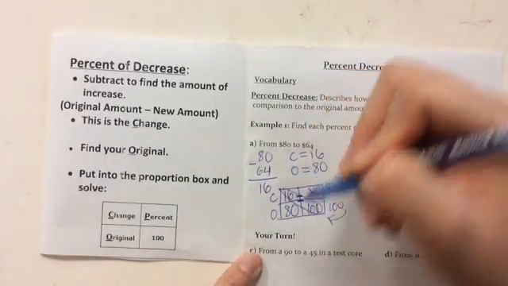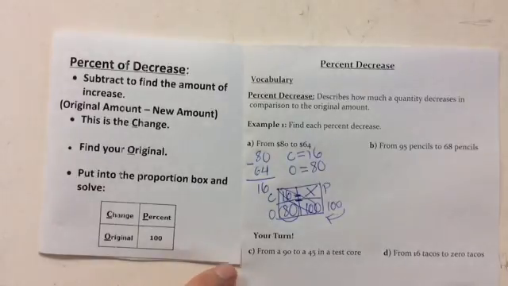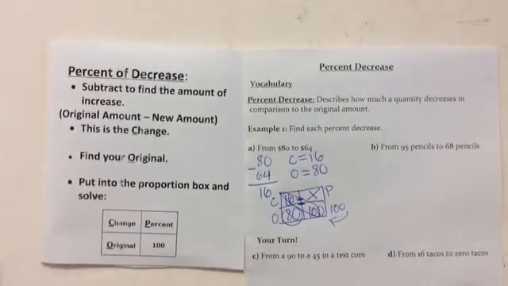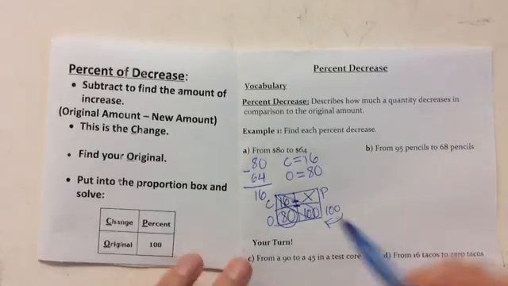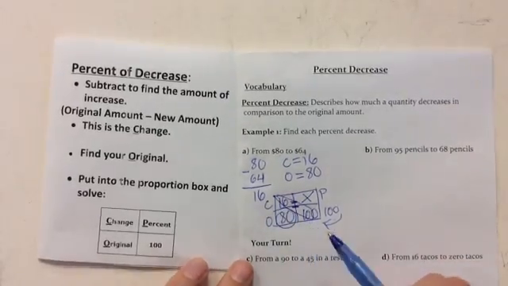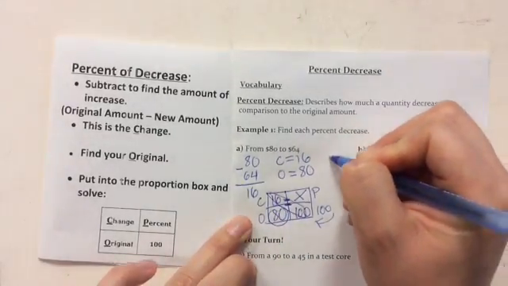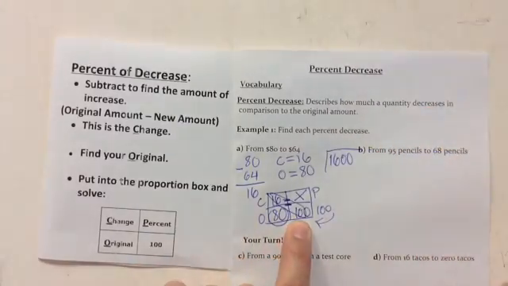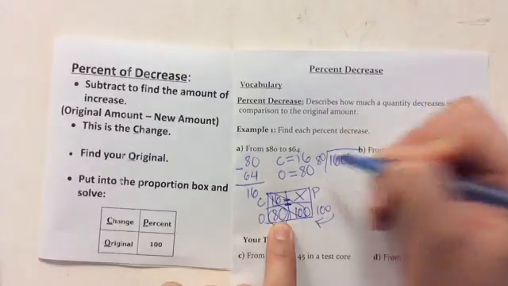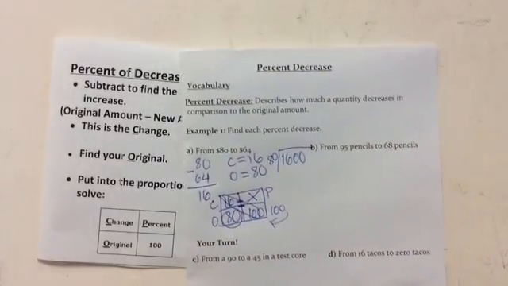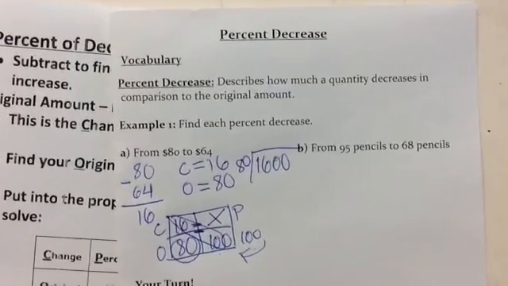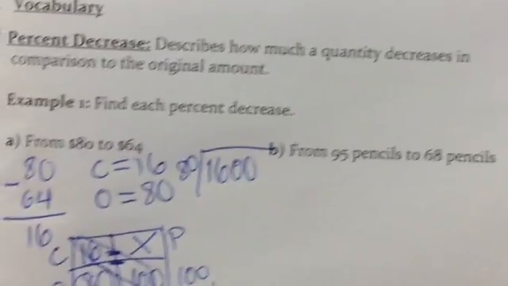So you cross multiply and divide by 80. We are going to do 16 times 100, which is 16 and 2 zeros, 1,600, divided by 80. I'm sorry, I'm running out of room, but we just do our division here, and we'll get our answer.